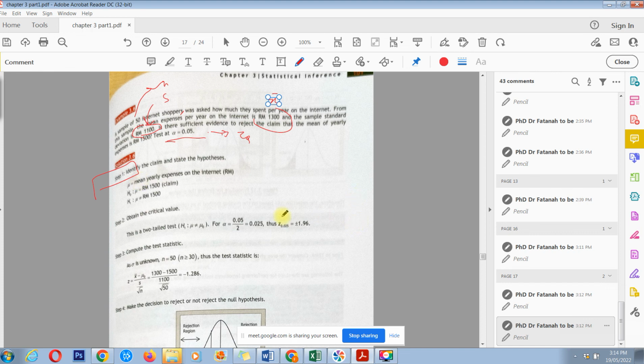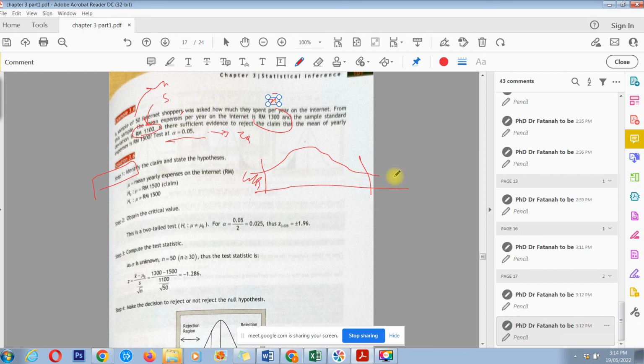This is our claim, and put a bracket here, our claim. And the alternative hypothesis will be mu is not 1,500. So this hypothesis shows us the testing will be two tail.